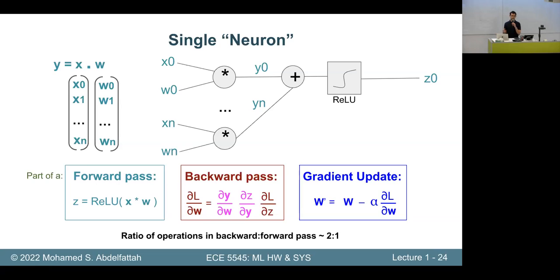And there are some details, like the first layer has a different ratio. Convolutions will have a slightly different ratio compared to linear layers and things like that. So it's good to go through that blog post. You'll find it at the end of the lecture. But at first order, yes, the ratio is approximately 2 to 1.